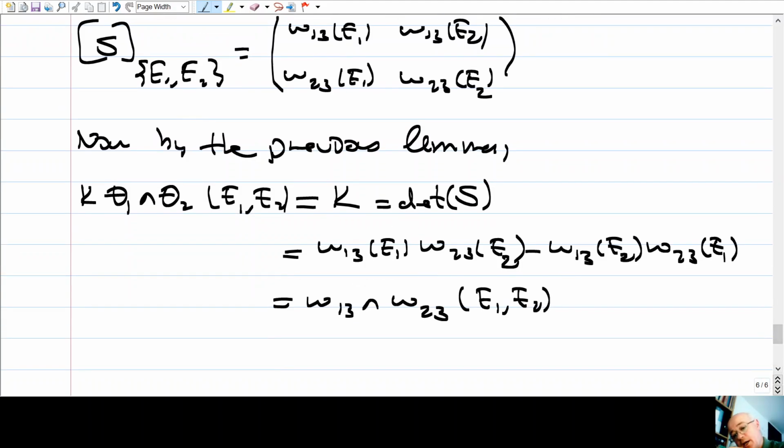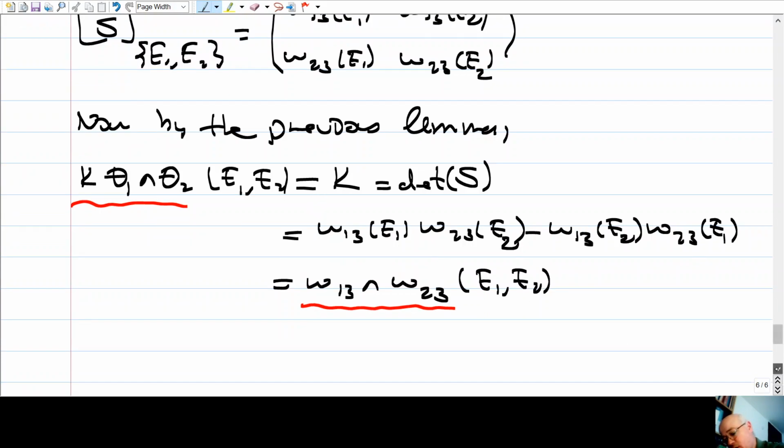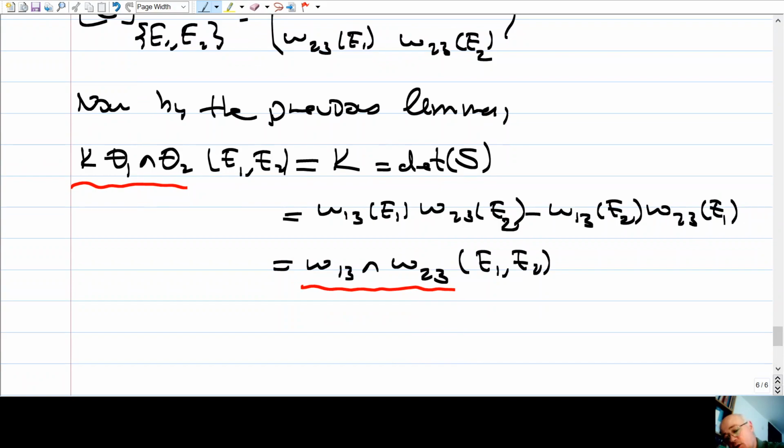So this two form computed on these vectors is equal to this form computed on these two vectors, which form a basis for the tangent space. Therefore, these two forms must agree. Therefore, k times theta 1 wedge theta 2 is just omega 1 3 wedge omega 2 3.